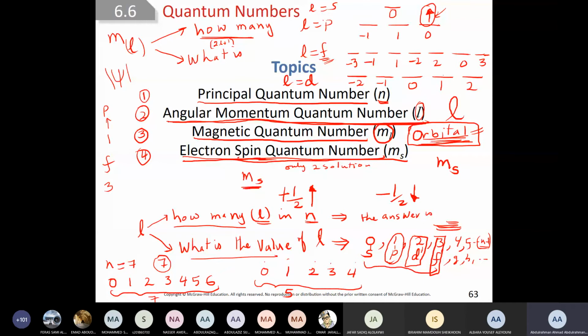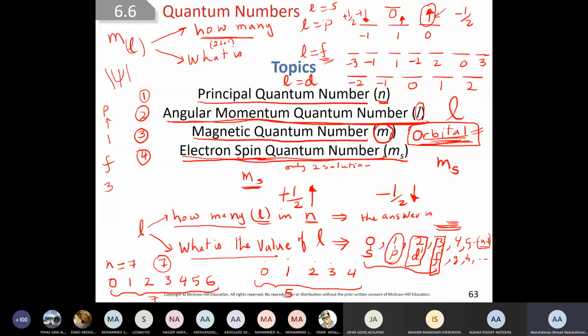If I say that the one going up is minus half, it's only two solutions and you can choose. If this one is minus half, then what will be the value for ms for this electron? Plus half. What will be the value for this electron?